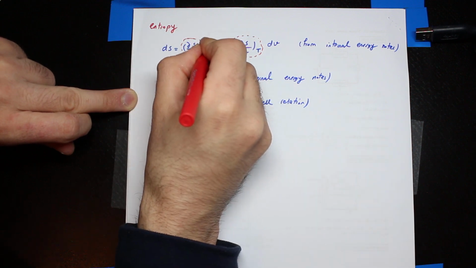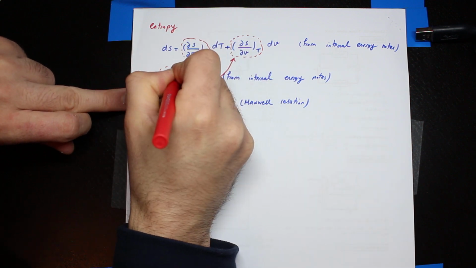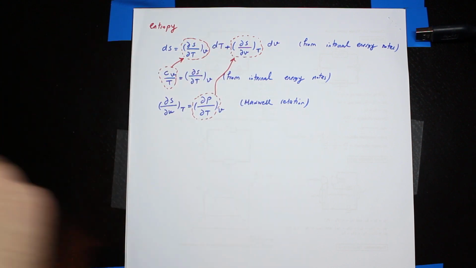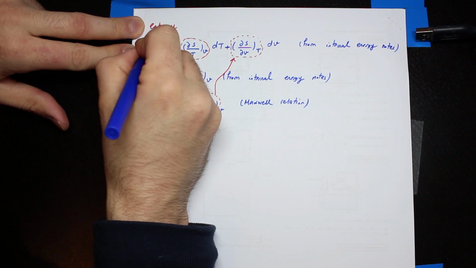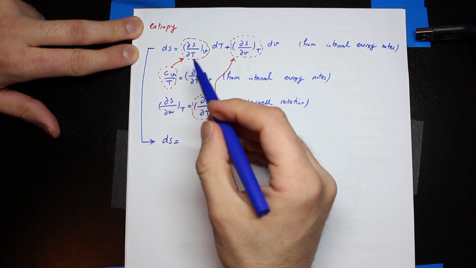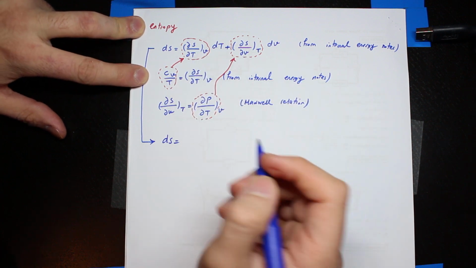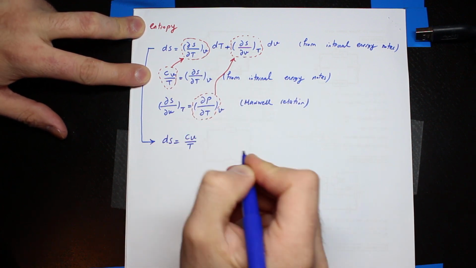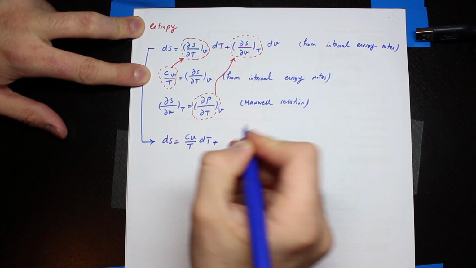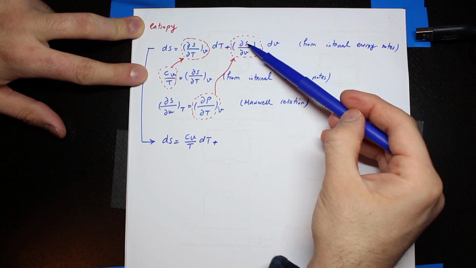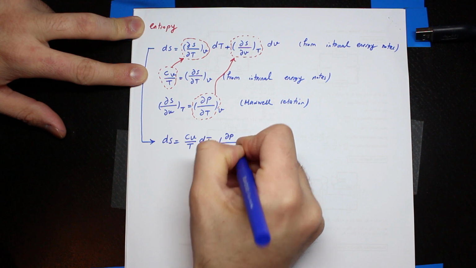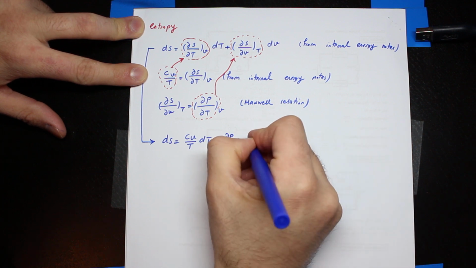Now let me rewrite the dS correlation. dS is going to be, instead of this, Cv over T dT, plus, instead of this, partial P partial T constant volume dv.